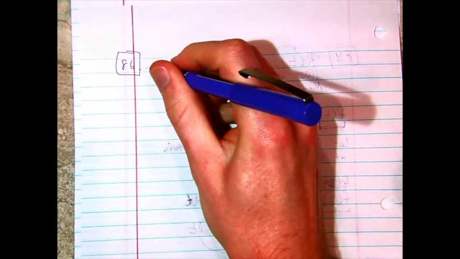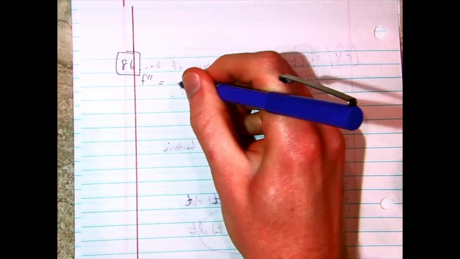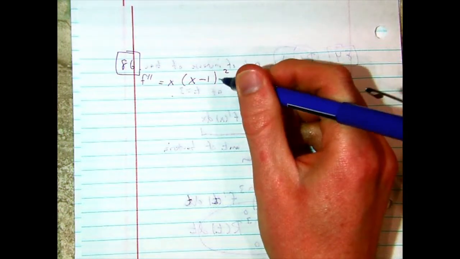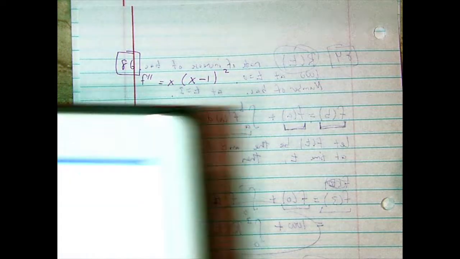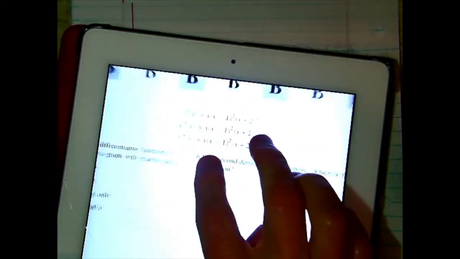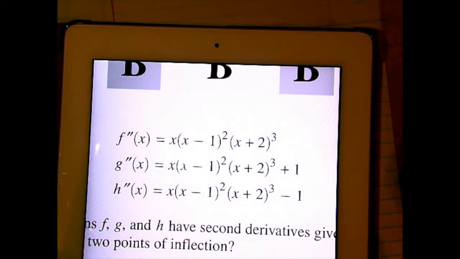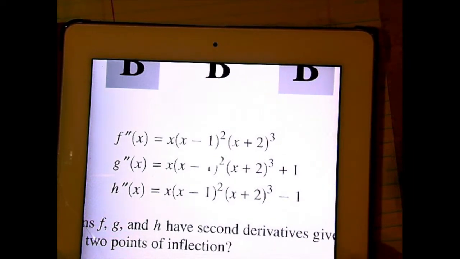Okay, well, they tell you that f double prime is equal to x times x minus 1 squared. Well, no reason to really copy that. I can just gesture to it on the iPad. So here are the three functions, and we want to know which of these functions have exactly 2 points of inflection.